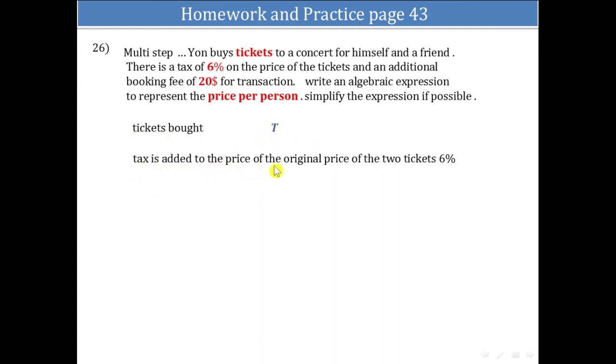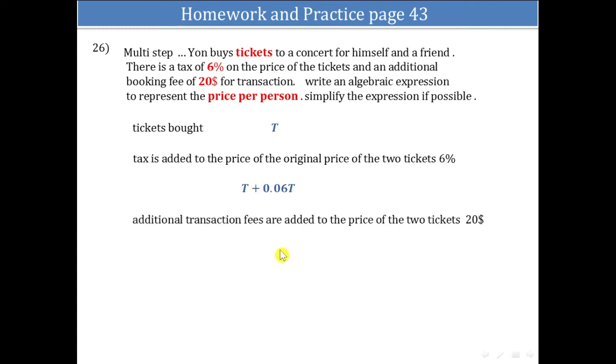Tax is added to the original price of the 2 tickets, 6%. So it will be written: T is the original price of the ticket, plus 6% of the original price of the ticket. So 6% multiplied by the original price of the ticket will be added to the same ticket, and then also $20 extra transaction fees.